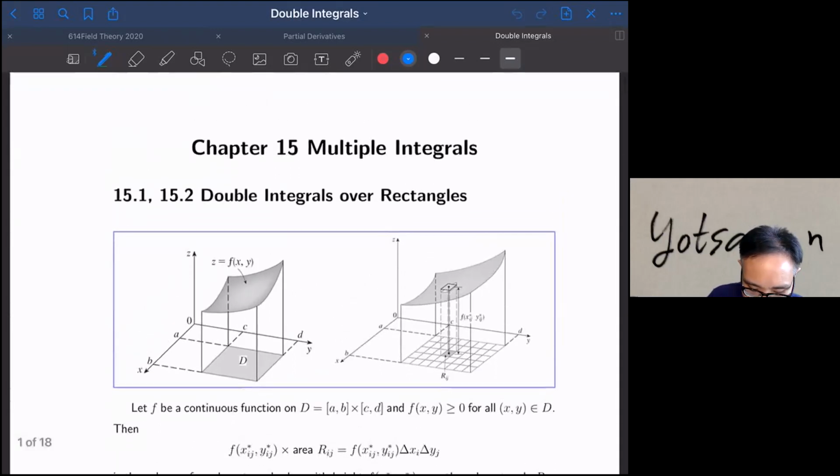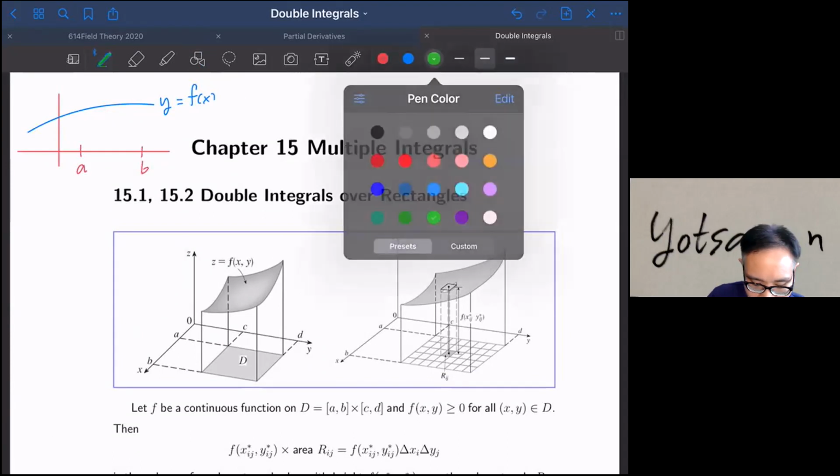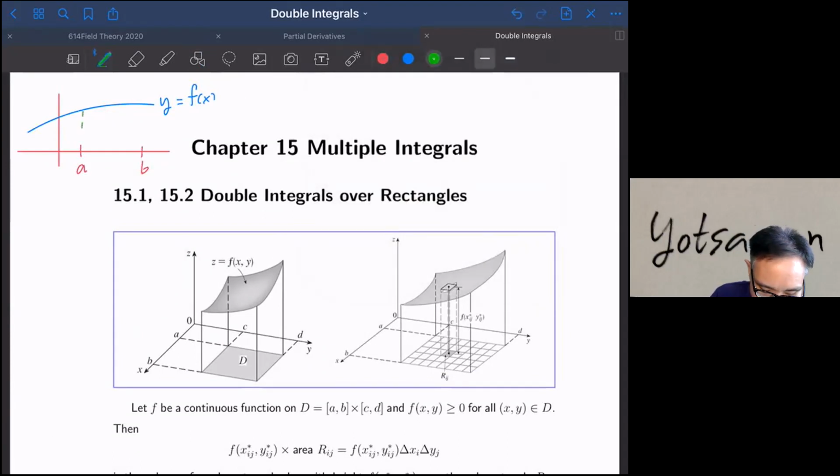If you recall from calculus one, we have the graph of the function f. So we have y equal to f(x), and you have this graph over the interval [a, b], and you want to find the area under this curve.